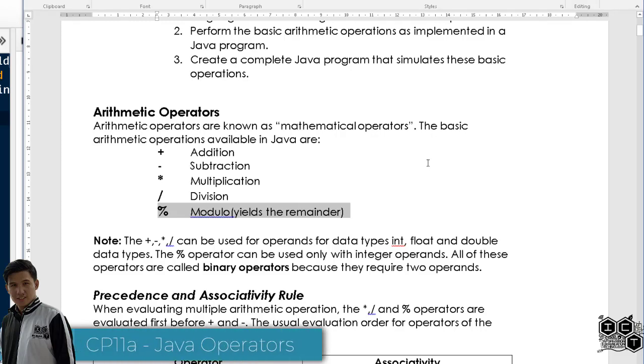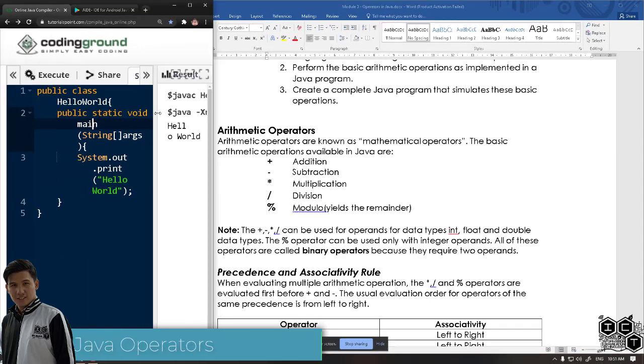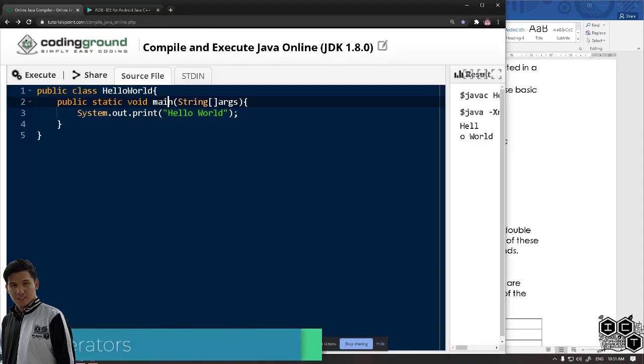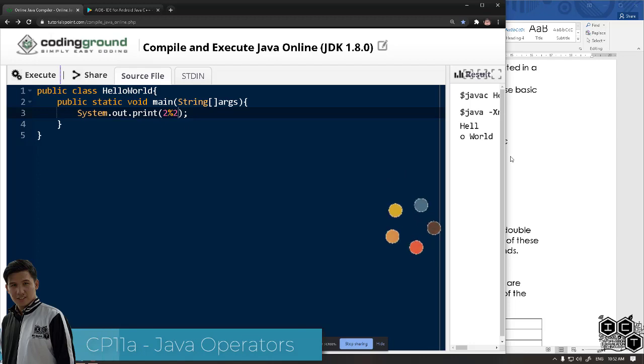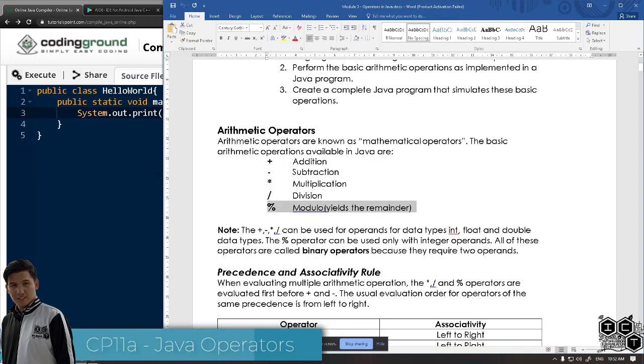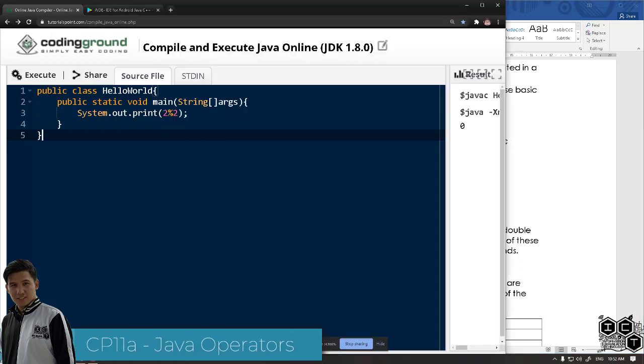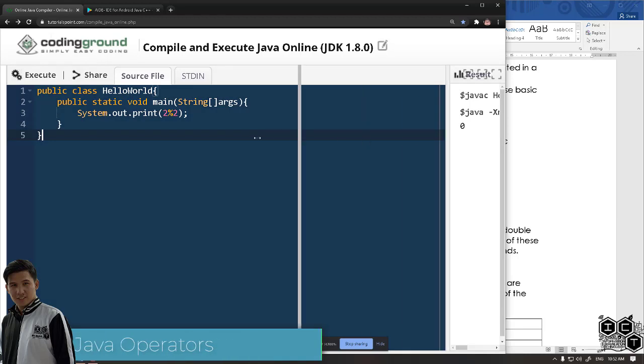Say for example, pag sinabi kong 2 modulo 2. Halimbawa, isulat ko siya dito. What is the answer when we say 2 modulo 2? According dito, modulo is the remainder of a particular division. Now, when we say modulo, tingnan natin ang sagot dito sa 2 modulo 2.